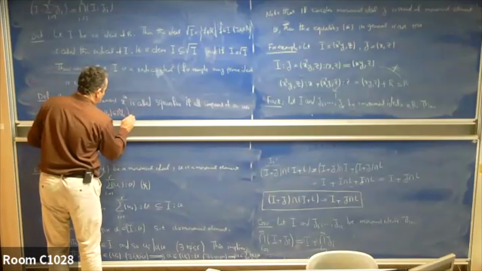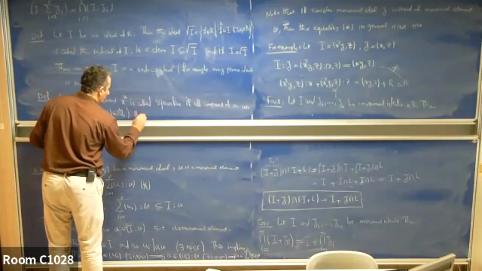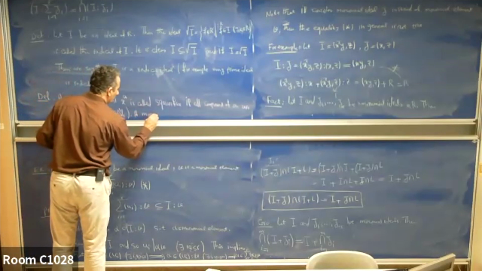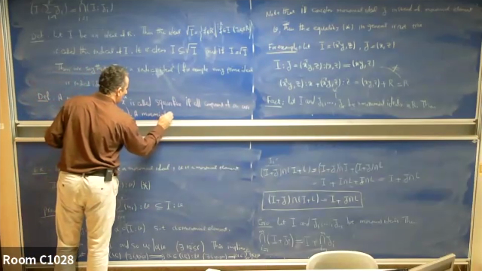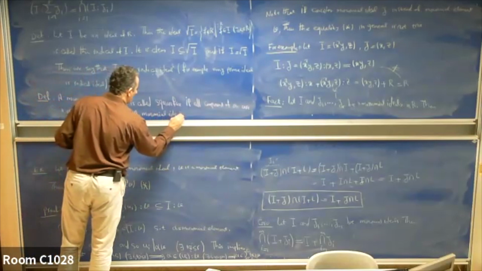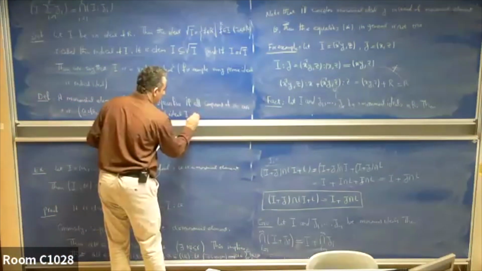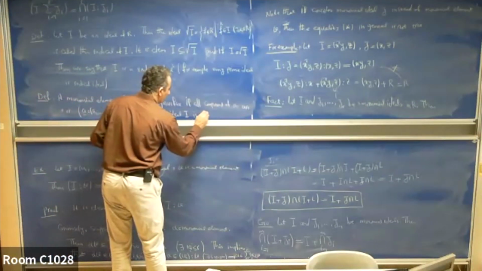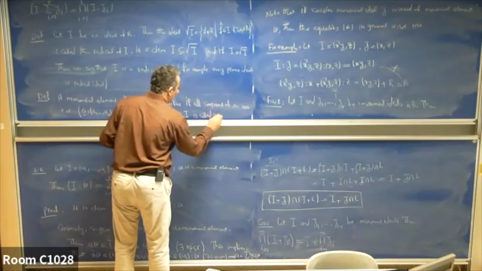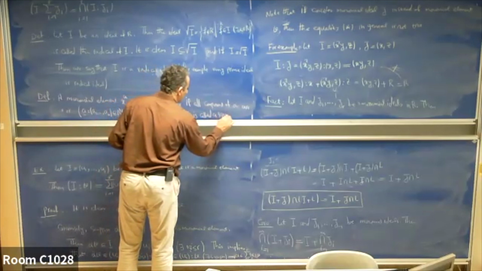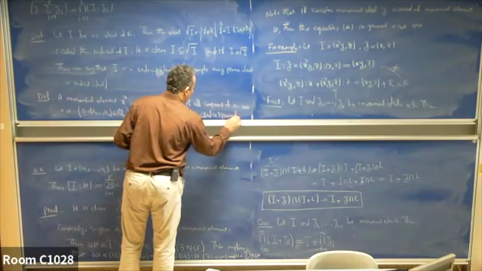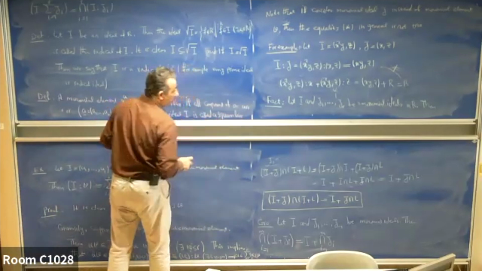A monomial ideal I is called a square free monomial ideal.